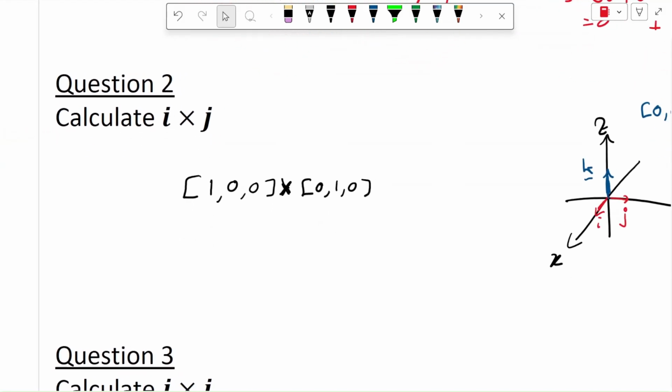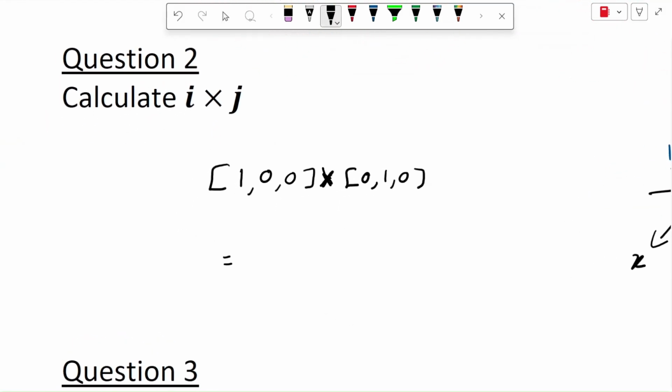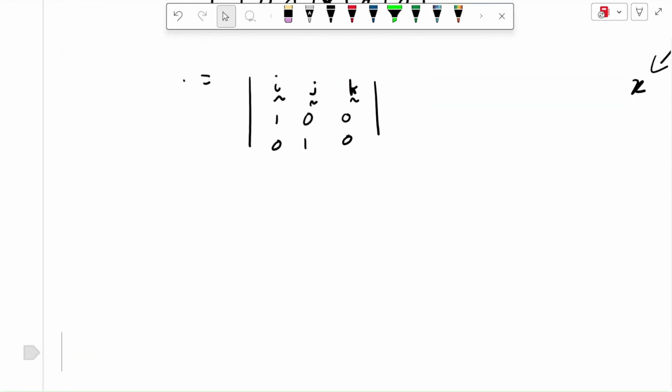Okay, so to do the cross product here, I'll write it as the original vectors, because we're going to use i's and j's in the cross product, and that might get a little bit confusing. But we're starting with 1, 0, 0, that's the first vector, and 0, 1, 0. And now we'll just work through the process of finding the cross product. So the first step is i times this determinant here, which is 0, 0, 1, 0.